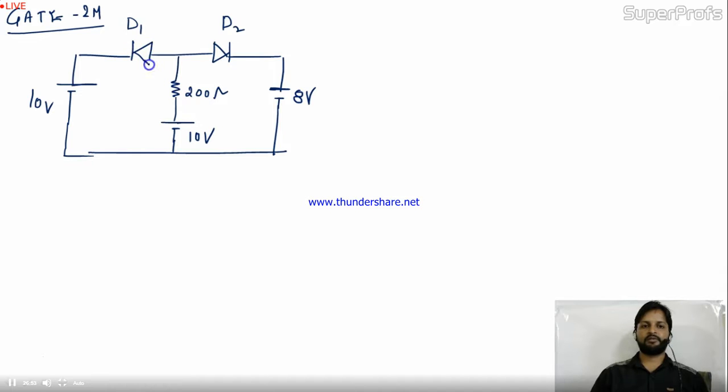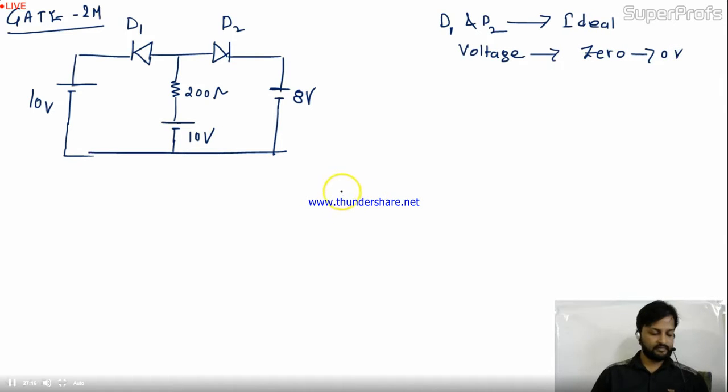These 2 diodes are ideal diodes, D1 and D2, with 0 forward voltage drop. So the voltage drop is also 0. 0 volt means it's a completely ideal diode.